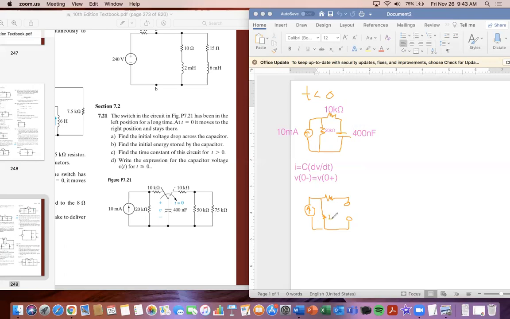And this is our 20K, here's our 10K and our 10 milliamp source. And if you think about it, then all the current is going to be going through this 20K ohm. The reason being is because this is an open circuit, so there's going to be no current going through. And so our current has to be going down here, this 10 milliamps.